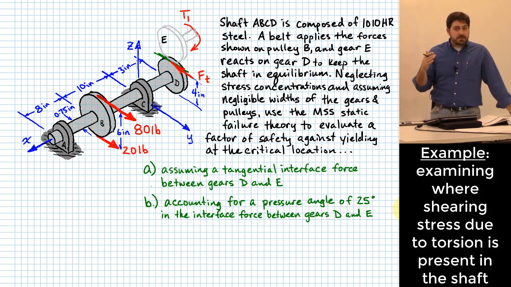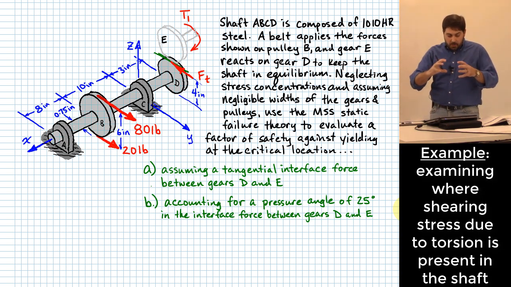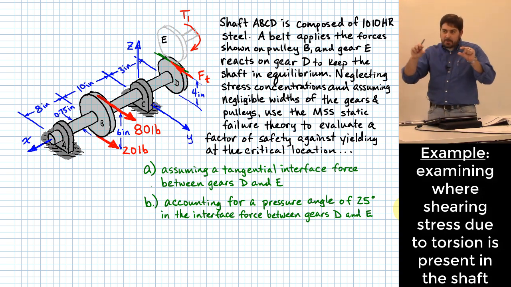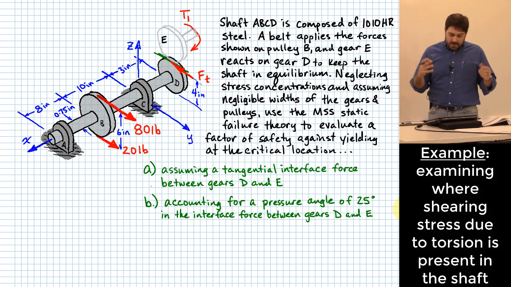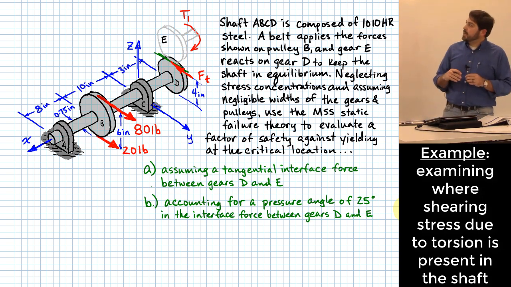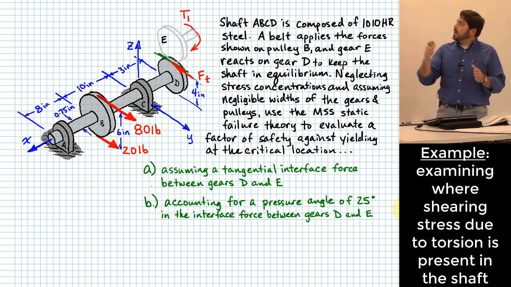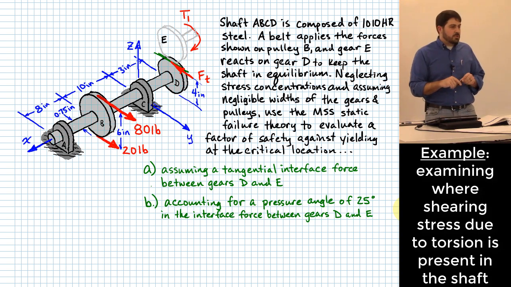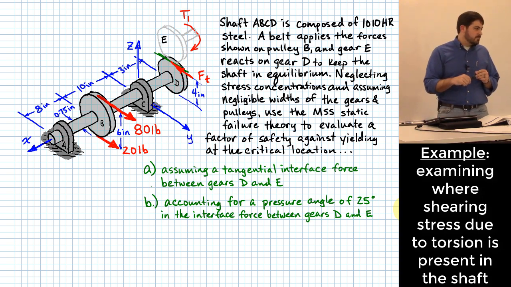Now, that shearing stress induced by torsion is going to be everywhere the same, all the way along that length. I don't have any changes in size, right? Same diameter all the way through there, and the same amount of torque all the way from B to D. So that's just a constant amount of stress between B and D, okay? So do you want to figure that out first?